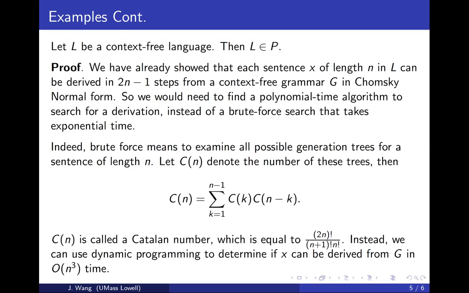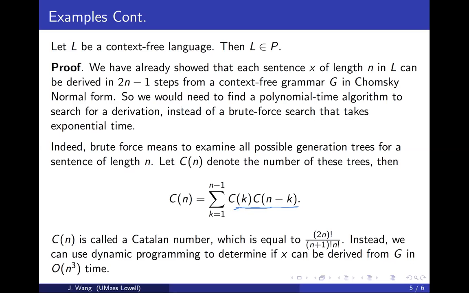It can be considered as first generating a partial sentence of length k, and then generating the remaining partial sentence of length n minus k. So the number of such trees is the sum of C of k times C of n minus k, where k goes from 1 to n minus 1.